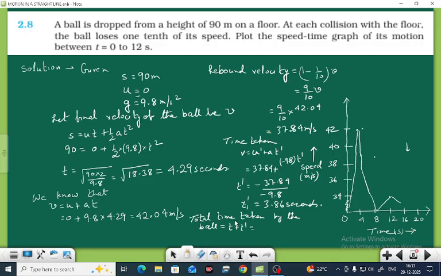The first time is 4.29, plus 3.86, plus 3.86, and that is equal to 8.15 seconds. The time of ascent is equal to the time of descent.